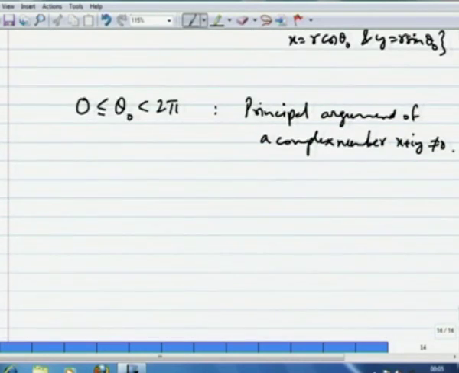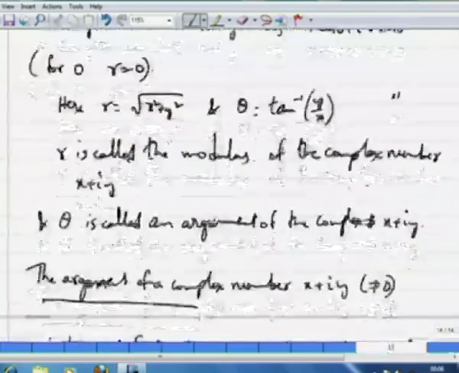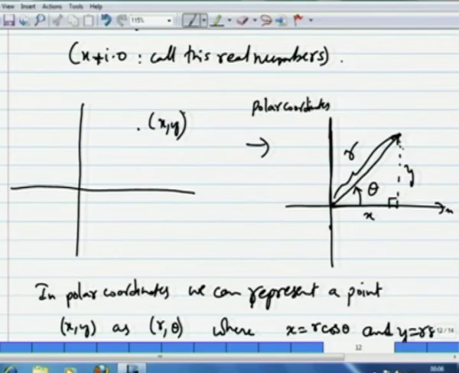And then we will see some properties of the modulus. We will continue the discussion about argument further on in this course. Modulus of z has a geometric meaning. It is the distance of the point a comma b or x comma y from the origin.